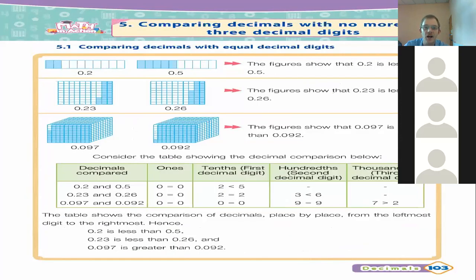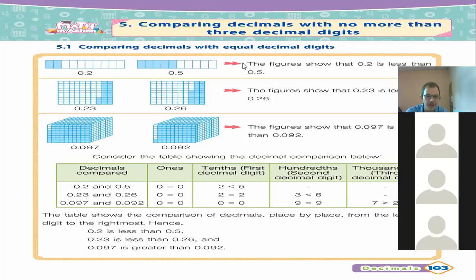Number 5, comparing decimals. This is something that I want to create a little worksheet on for us to do. If we look at the top, we have 3 signs that we work with.